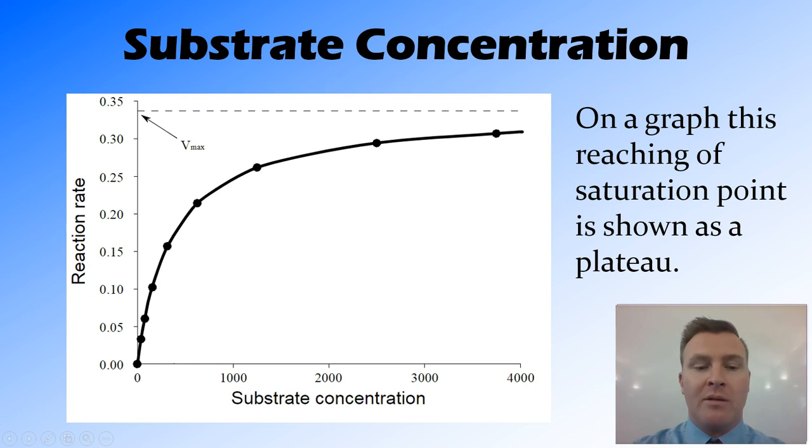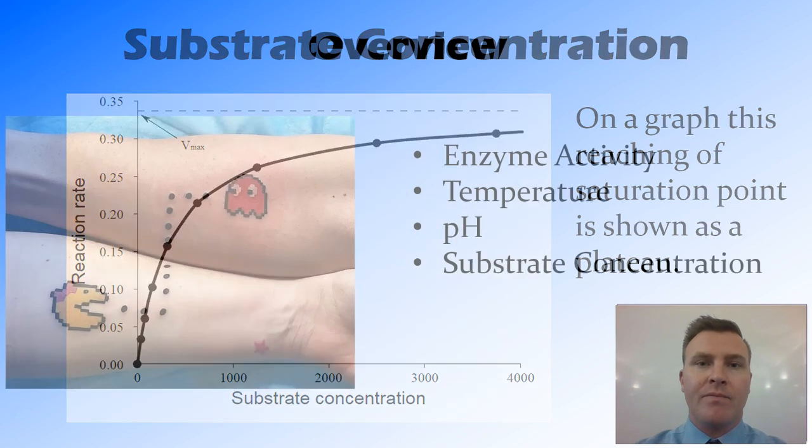The more substrate that comes in, the faster the reaction rate. But as this nears the saturation point, we see it start to plateau. Eventually, if we were to go out further, this would become flat, where we reach the saturation point, and no more adding of substrate would increase the amount of activity.